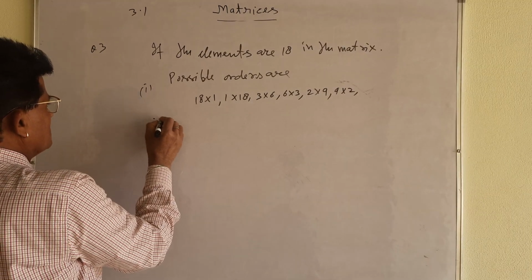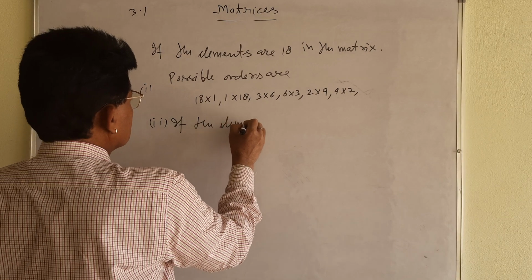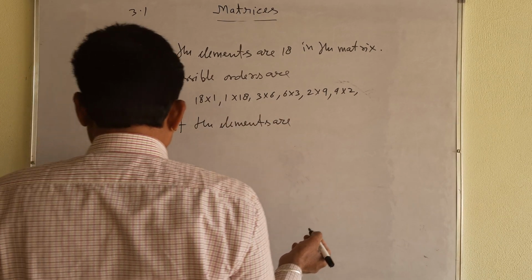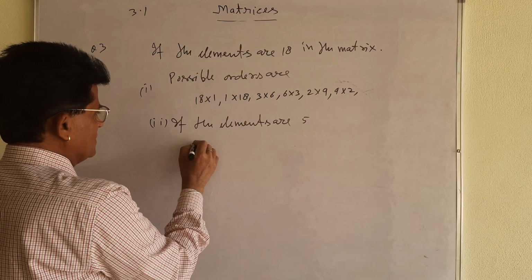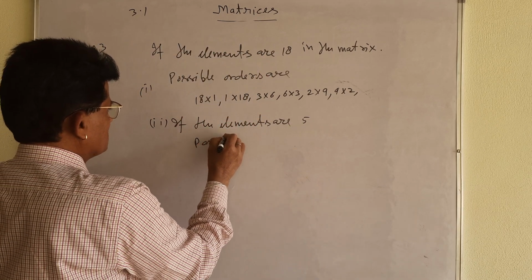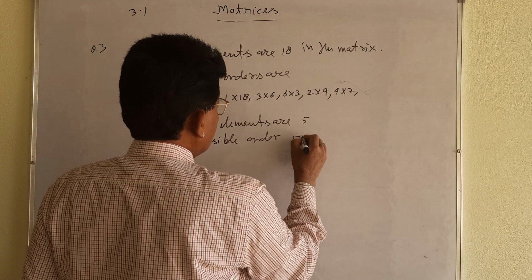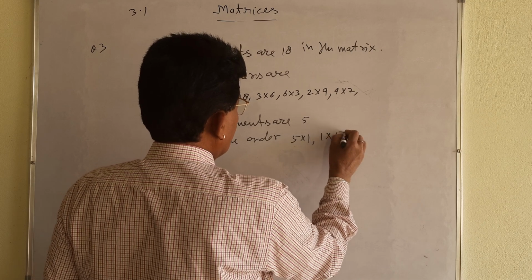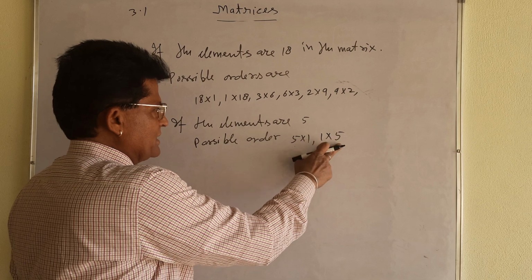Second case: if there are 5 elements, what will the order be? Possible orders are 5 rows, 1 column, 1 row, 5 columns.